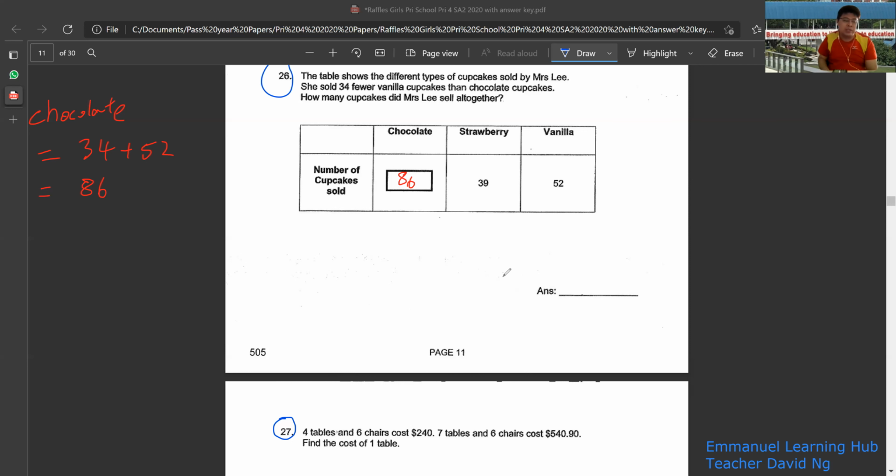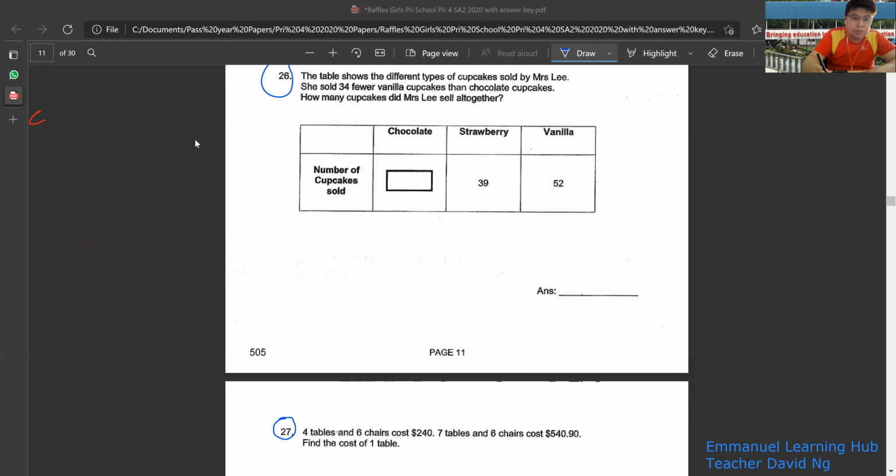You add now and tell me what's the answer. 177. Very good. Okay, so the answer is 177.